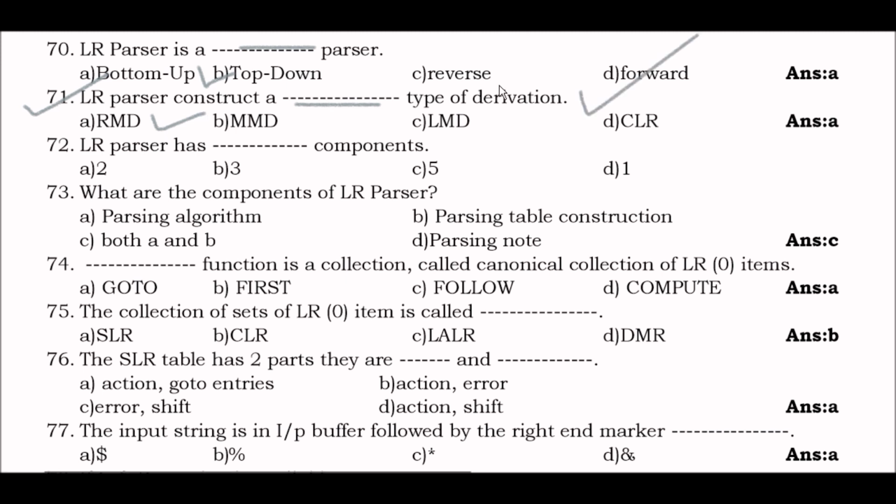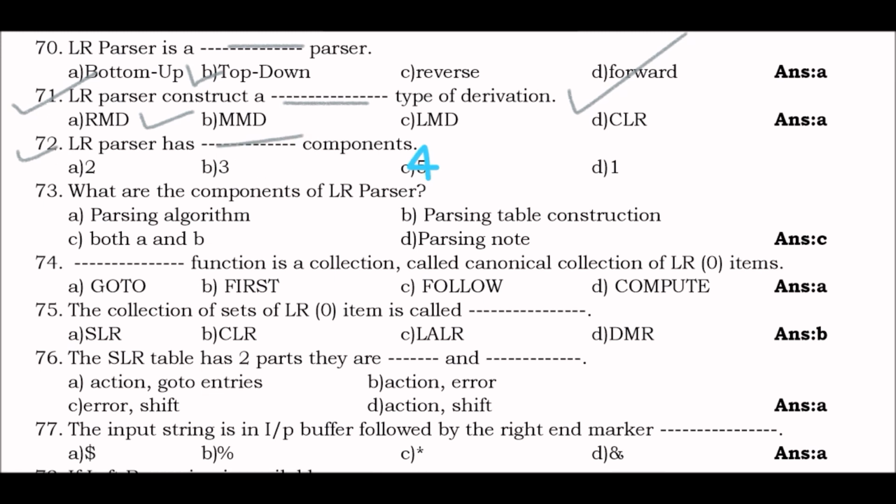Next question, LR parser has blank space components. The right answer is option C, and this is 4, not 5. LR parser has 4 components, which include stack, input, driver routine, and the fourth one is parsing tables. So the right answer here is option C, 4.